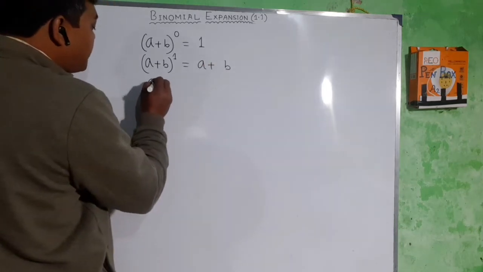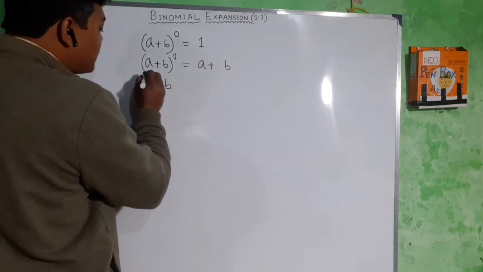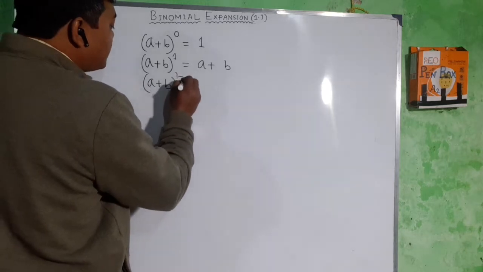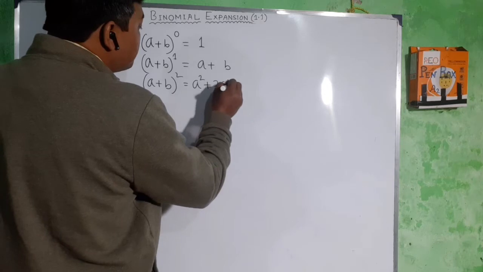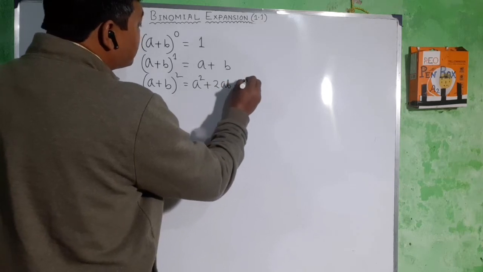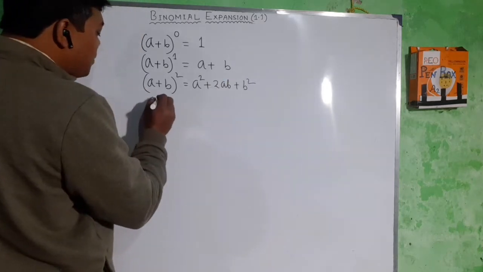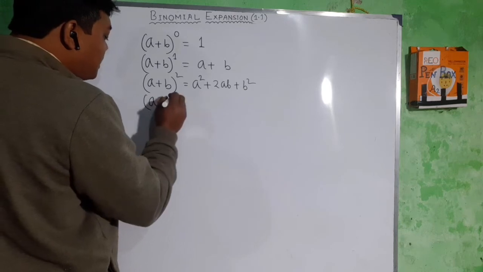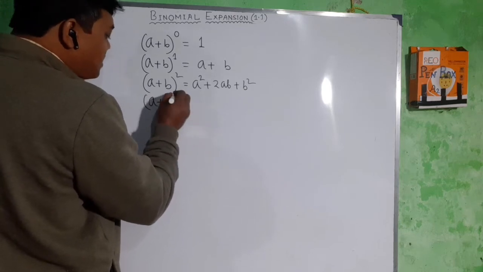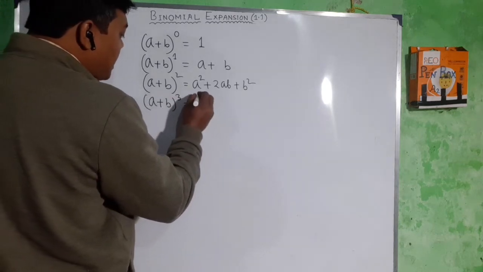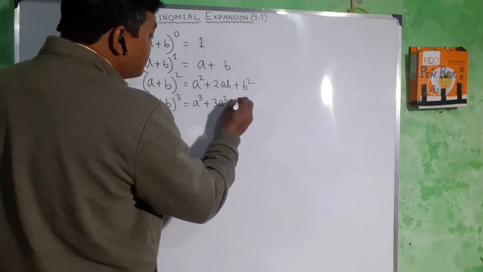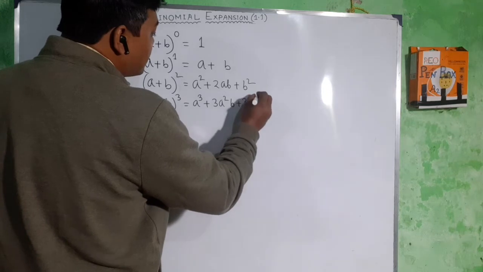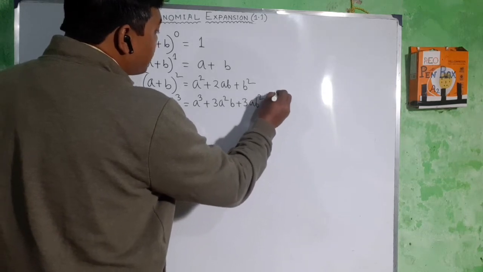And a plus b whole square? All of you know that this is a square plus 2ab plus b square. What about a plus b whole cube? We have already done this in class 7 or 8, with the formula a cube plus 3a square b plus 3ab square plus b cube.